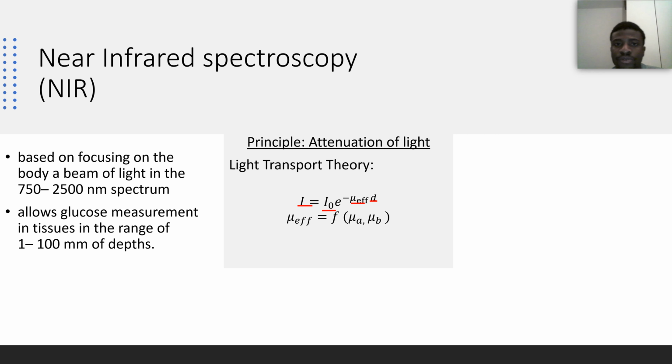The effective attenuation coefficients can be further expressed by the absorption coefficient and the scattering coefficient.